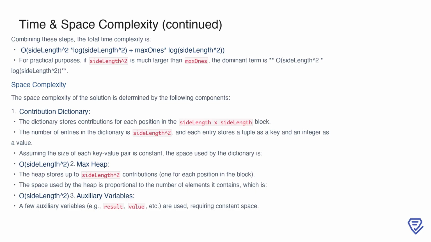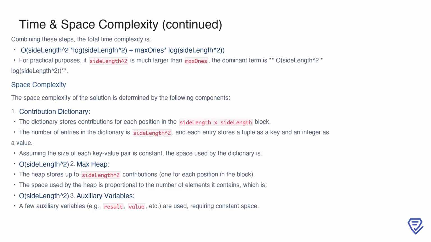Shifting to space complexity, the solution requires a dictionary to store contributions for each position in the side length x side length block. With side length^2 entries, each entry consisting of a tuple and an integer, the space used by the dictionary is O(side length^2). Additionally, the algorithm uses a max heap, which also stores up to side length^2 contributions, resulting in a space complexity of O(side length^2) for the heap.